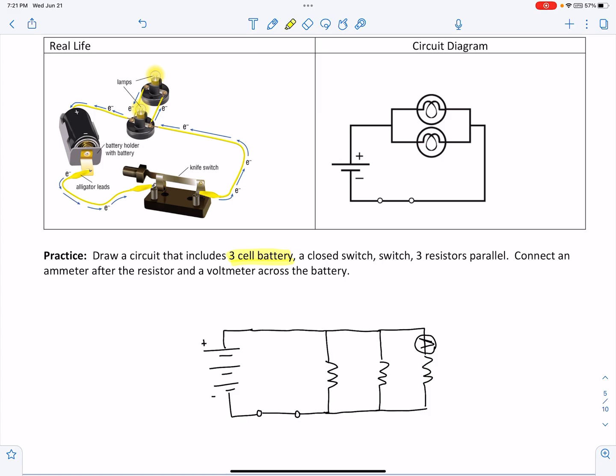A voltmeter is drawn in parallel. So we have to draw a voltmeter across this battery. In order to do so, we're going to put one wire on one side of the battery and one wire on the other side of the battery. So ammeters are drawn in series and voltmeters are drawn in parallel.